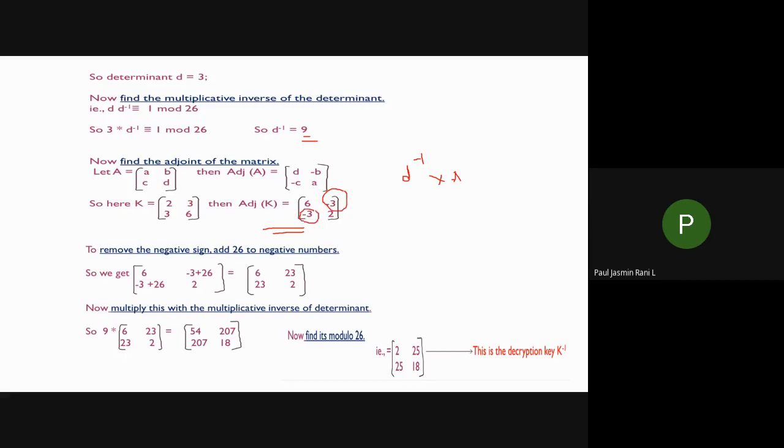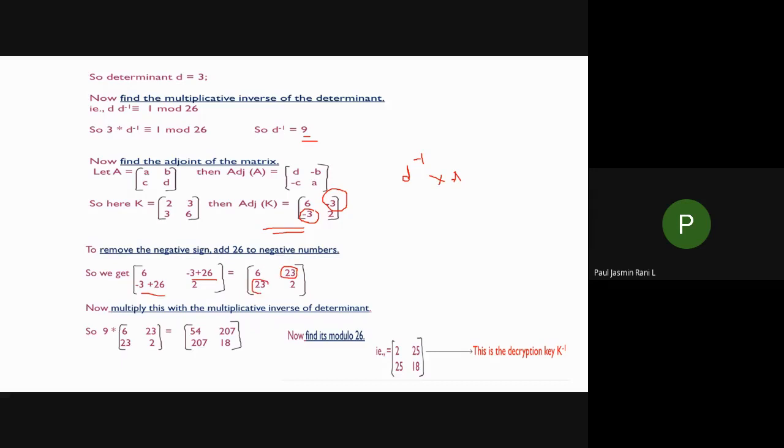In the alphabets, while assigning numbers, we assigned numbers only from 0 to 25. We don't have any negative numbers. If you have negative numbers, then you have to add 26 to it, subtracting the negative value from 26.